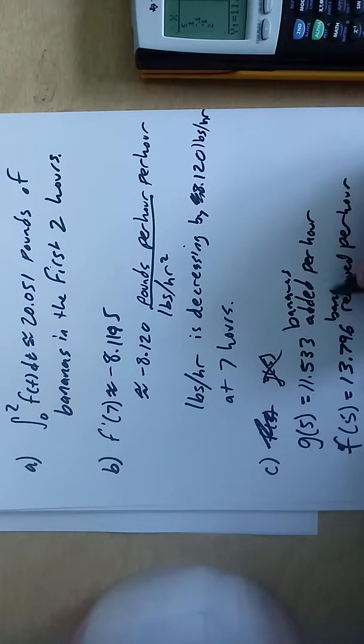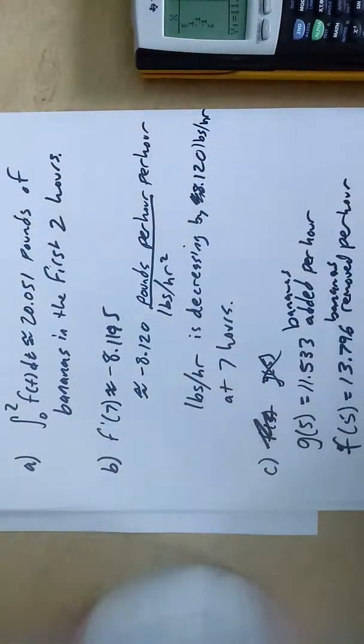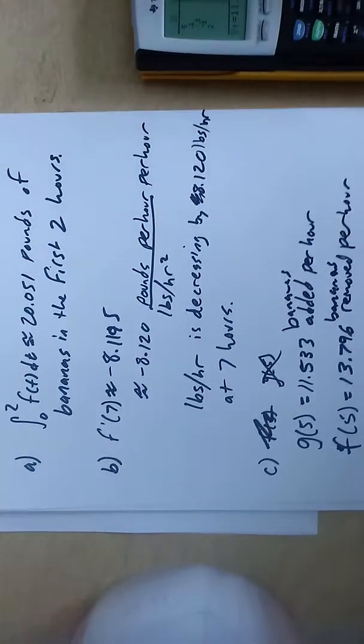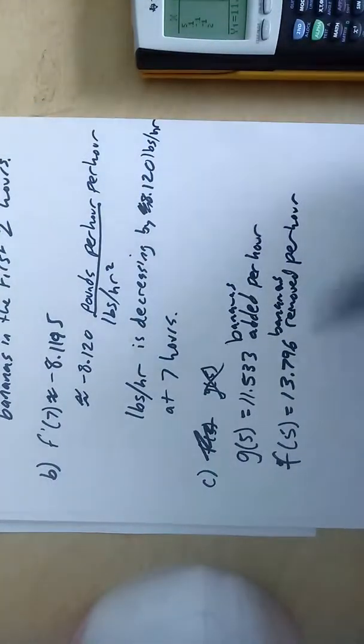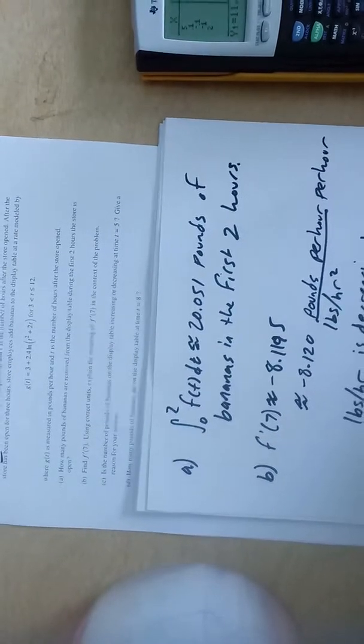So bananas. If I look at that and think about that, more are being removed than being added. And the question says, is the number of pounds of bananas on the display table increasing or decreasing at time t equals 5?